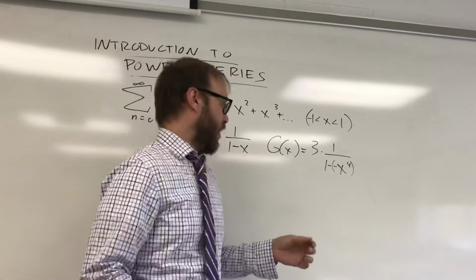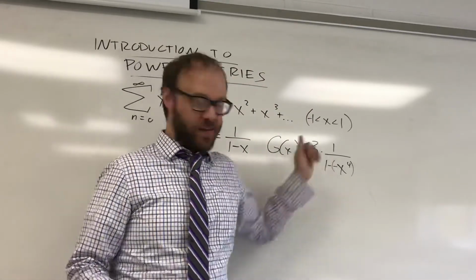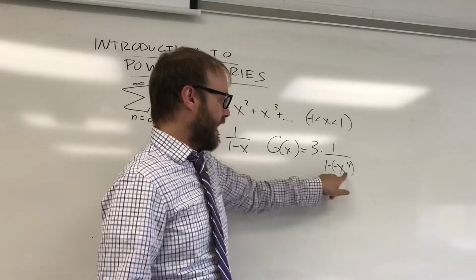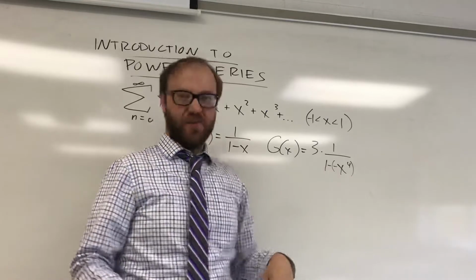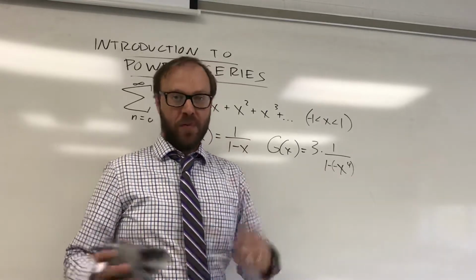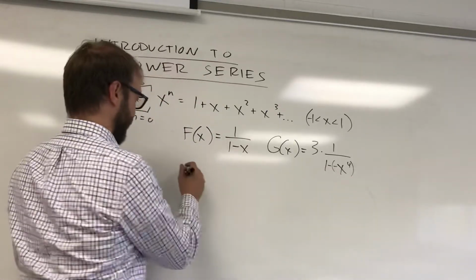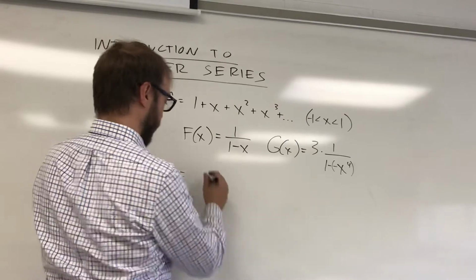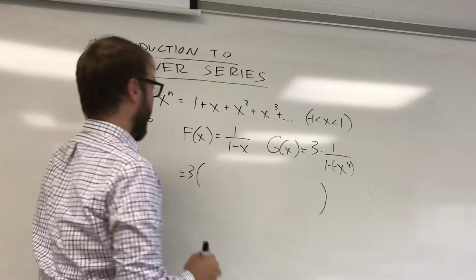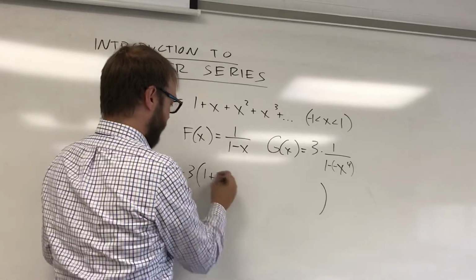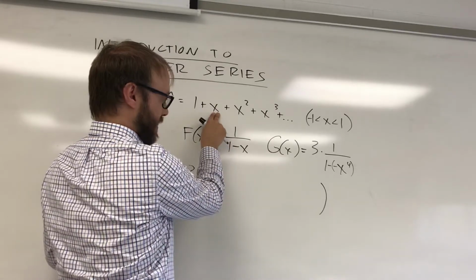Okay, so we're going to take 3 times our final series. Our input for the series, instead of being x, is going to be a negative x to the 4th. Okay, and that's what we're going to substitute in. So as a series, what would that look like? Well, first of all, the whole series is going to be multiplied by 3. So I think I'll put a 3 out here in front. And then we're going to have 1 plus the input to the 1st power.